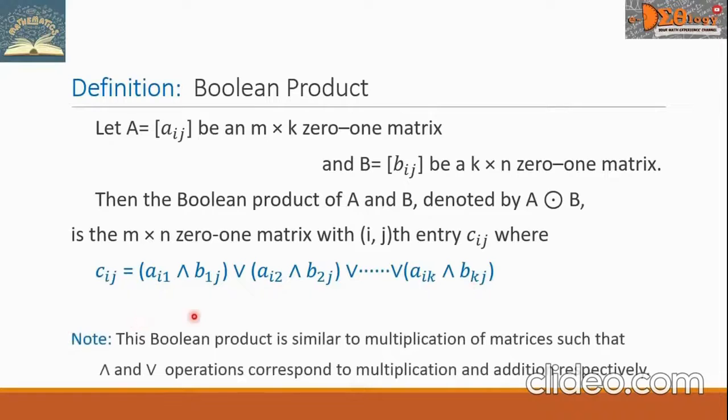Note that this Boolean product is similar to multiplication of matrices, such that AND and OR operations correspond to multiplication and addition respectively.